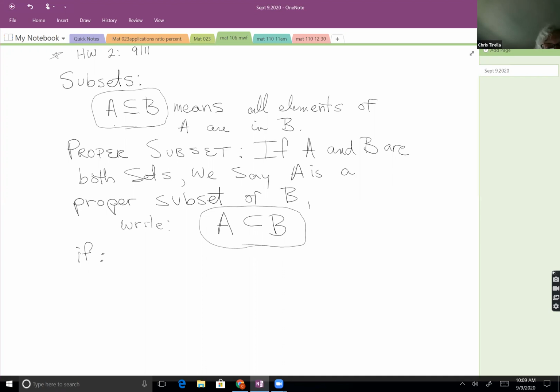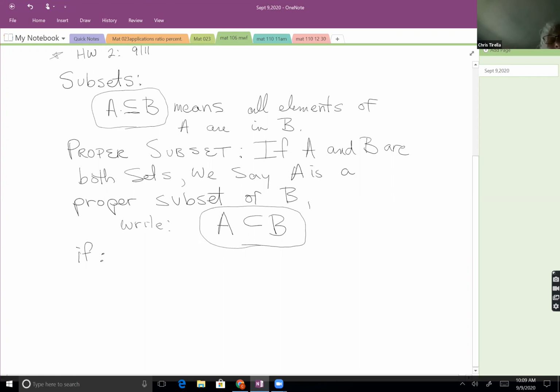What's the difference? Is it the symbol separating them? The symbol separating them, what's missing is that little equal sign down below.